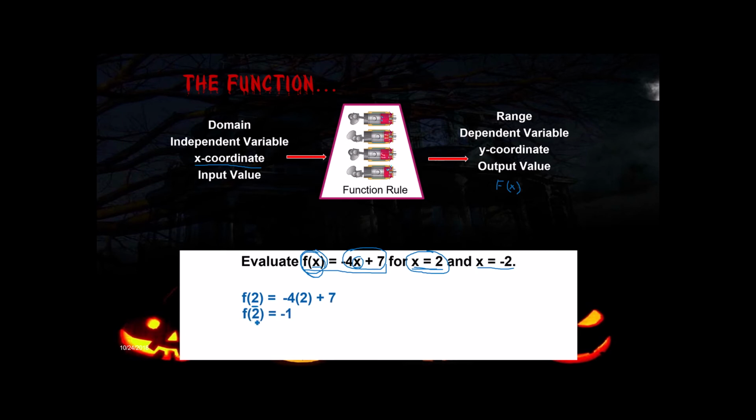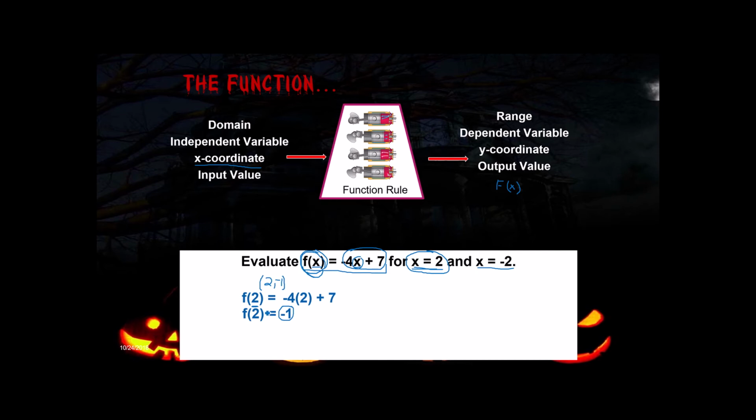The function rule applied to 2 is the value -1. If I wanted to list this as a coordinate, I would say that 2 is matched to -1 using this rule.